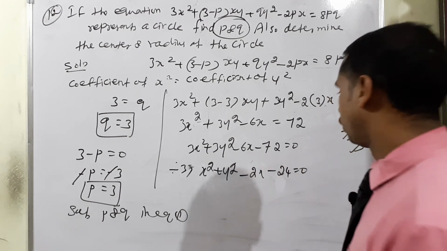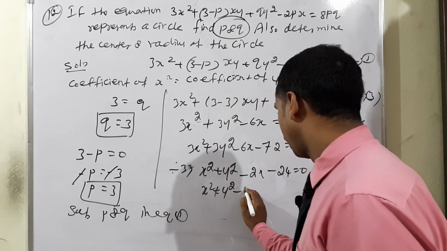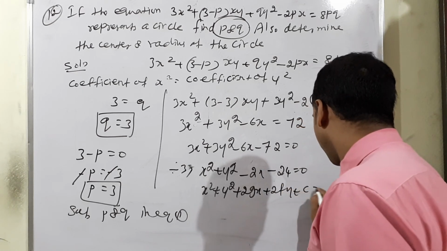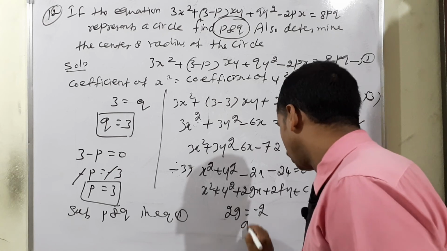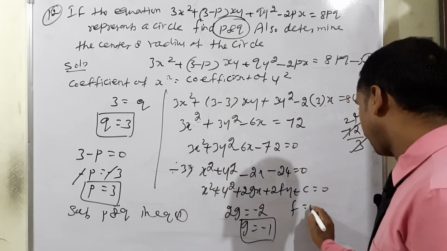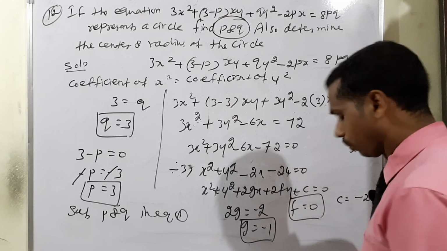Minus 24 is equal to 0. Now comparing with x square plus y square plus 2gx plus 2fy plus c is equal to 0, therefore 2g is equal to minus 2 means g is equal to minus 1. For f there is no term, so we can write directly f is equal to 0. The constant is given as minus 24.